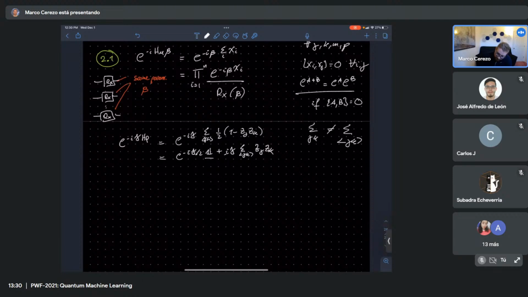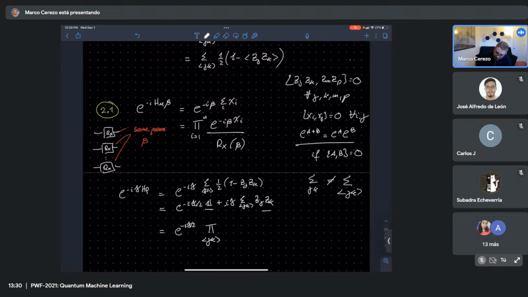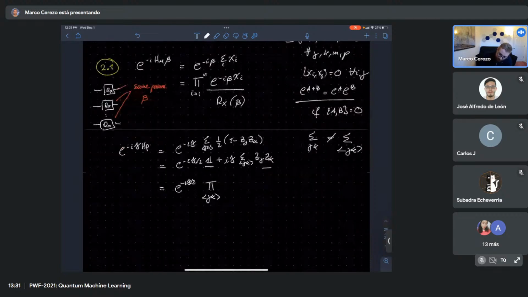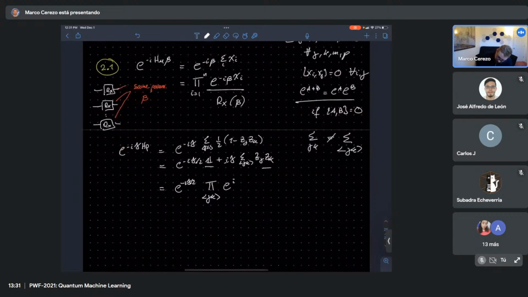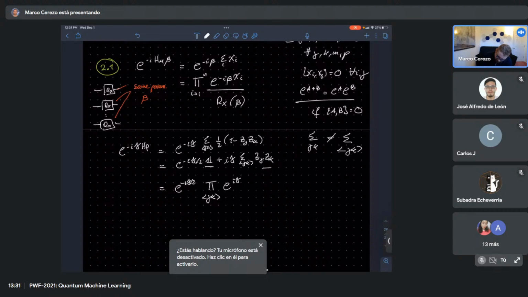First, identity commutes with everything, so I'm going to get here a global phase, e to the minus i gamma over 2. And then I'm going to have here a product over jk. Again, zj zk commute for every jk. We already know this. So I am going to be able to write here e to the i gamma, I'm missing an over 2 here. Yes, there it is. Over 2 zj zk.